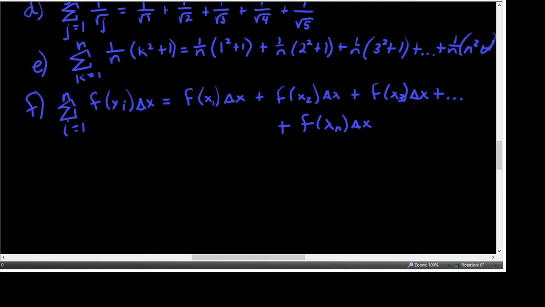Notice that the formulas in the last two had other things in them, like the n in part E, or the f of something and delta x, and those stayed constant. So the only changing thing is the index variable k in example E and i in example F. Everything else stays the same.